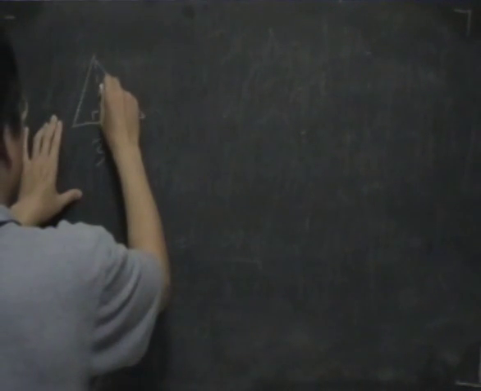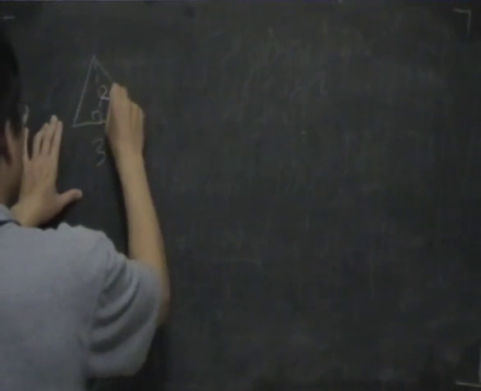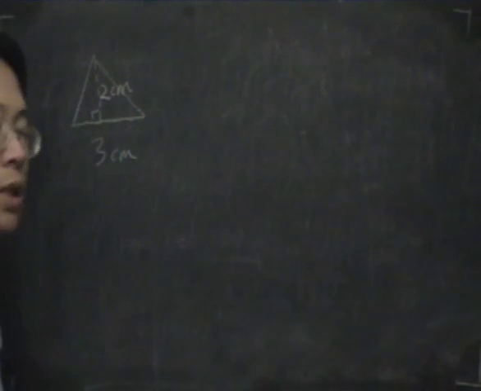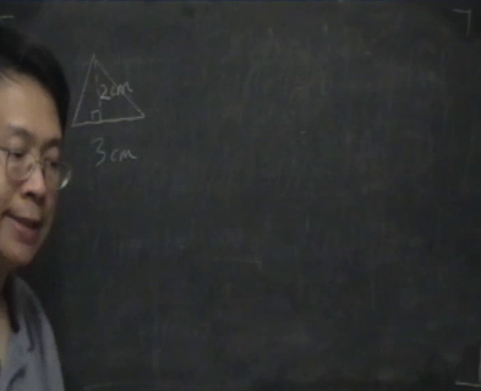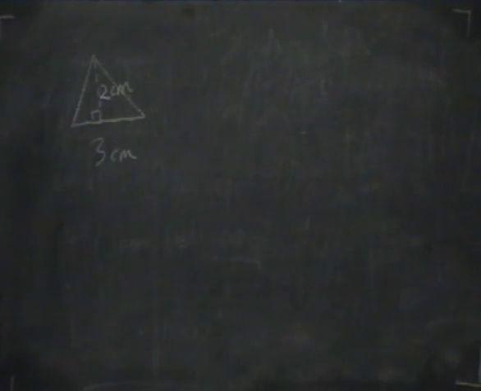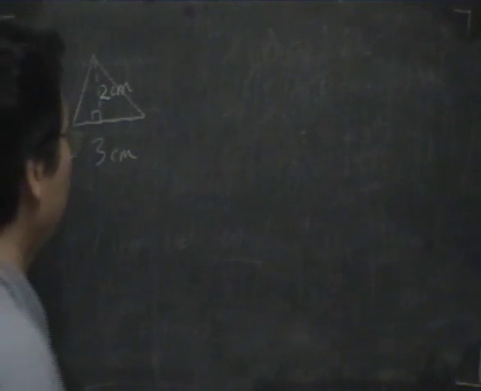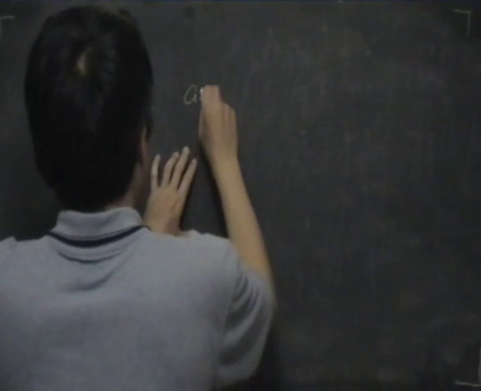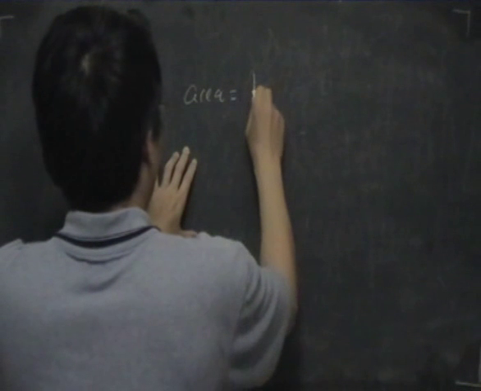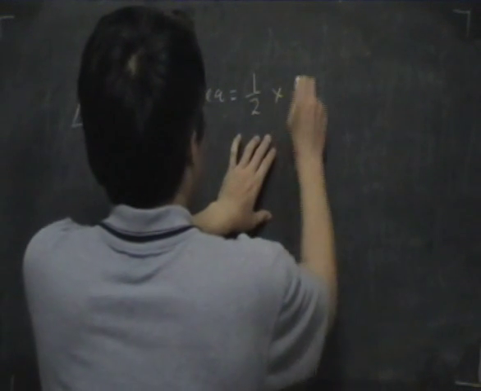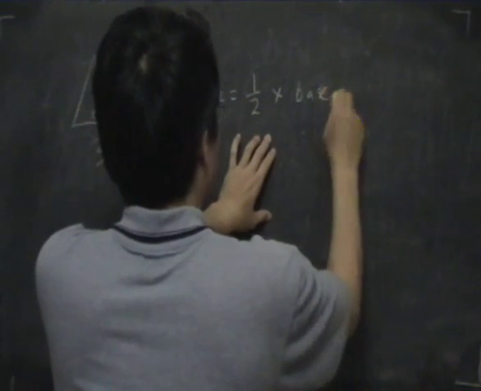Now suppose this height is 2 centimeters. Okay, then the formula for finding the area of a triangle is area is equal to half times base times height.